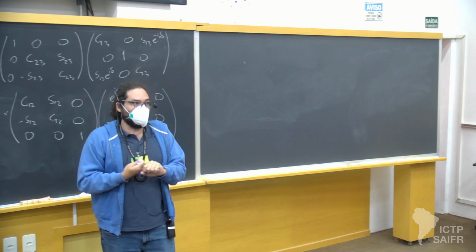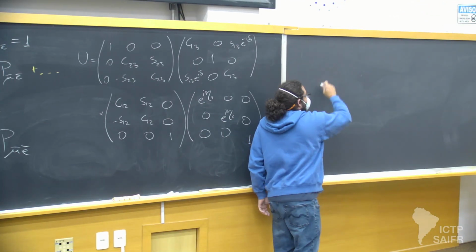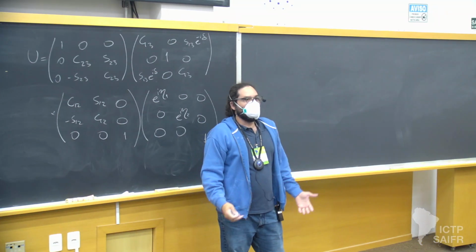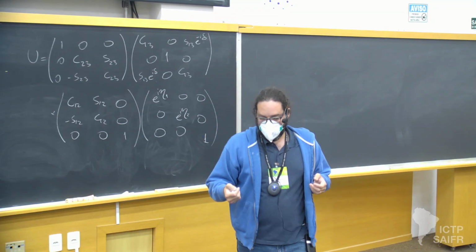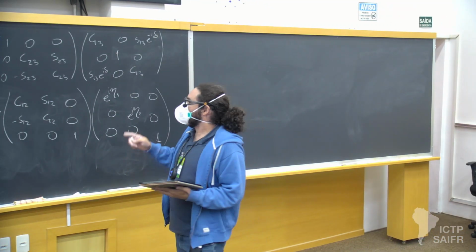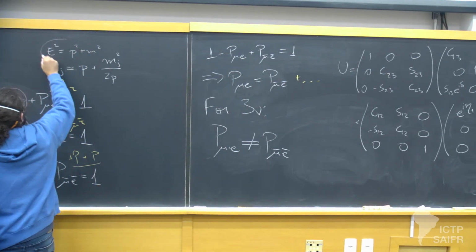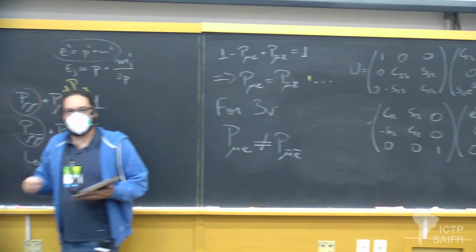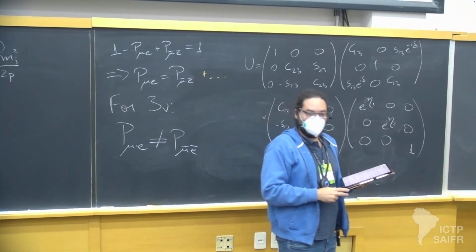So the weak charge of matter is enormous, which means that when neutrinos are propagating through a dense medium, they'll feel that. And because they feel that, matter slightly changes the neutrino dispersion relation, okay?